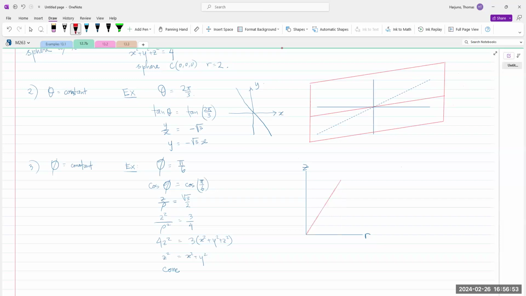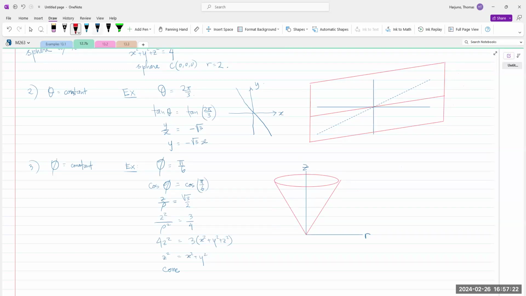In other words, if I rotate that with respect to the z-axis, I actually get a cone.